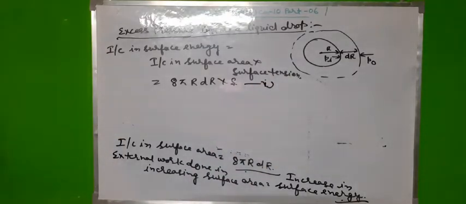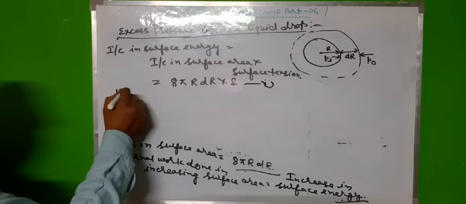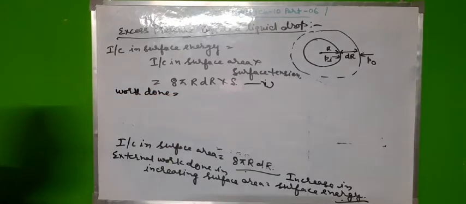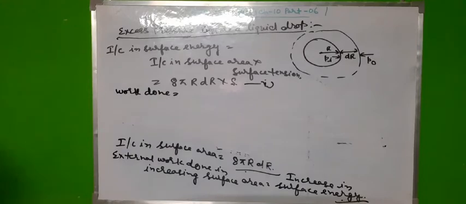This is the surface energy, but if now we want to calculate the work done, work done is equal to excess pressure into area into change in radius.